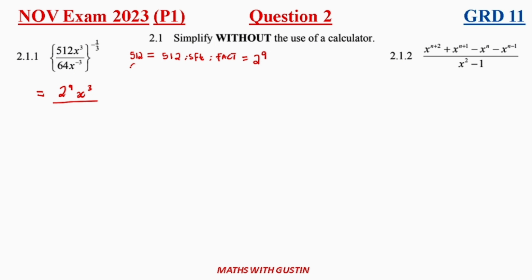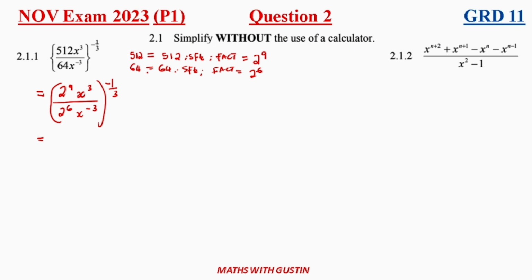You will do the same thing with 64: equal sign, then shift, then fact, and it's going to give you the factors of 64, which in this case I'm finding to be 2 to the power of 6. So it's going to be 2 to the power of 6, x to the power of -3, all of this in a bracket to the power of -1/3.